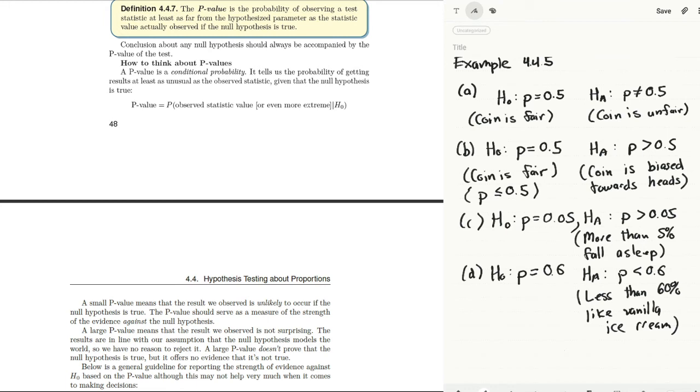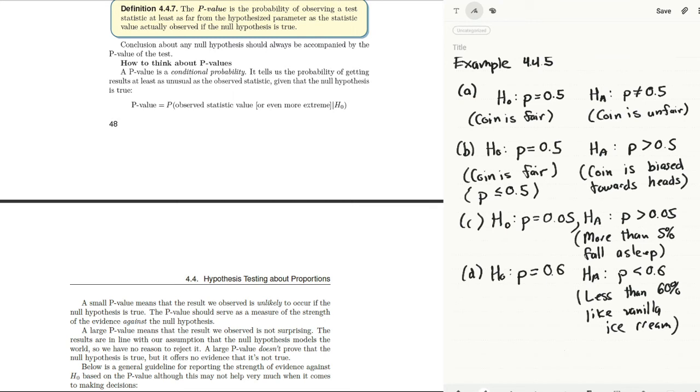So if we have a small p-value, then this means that the result that we have observed is unlikely to occur if the null hypothesis were actually true. And so this means that our data provides sufficient evidence to reject the null hypothesis in favor of the alternative hypothesis.